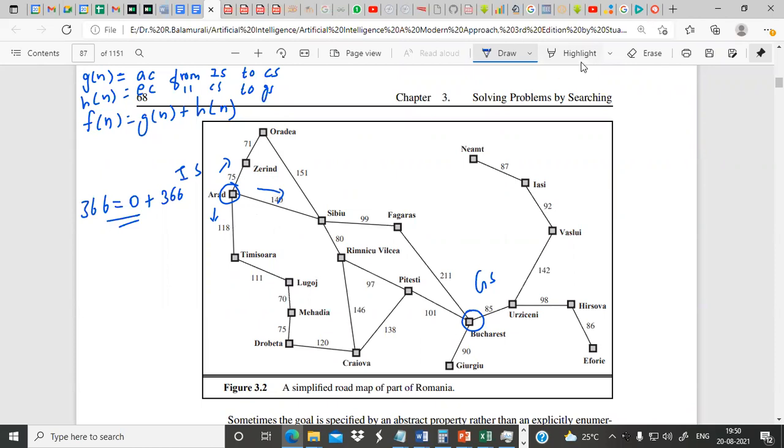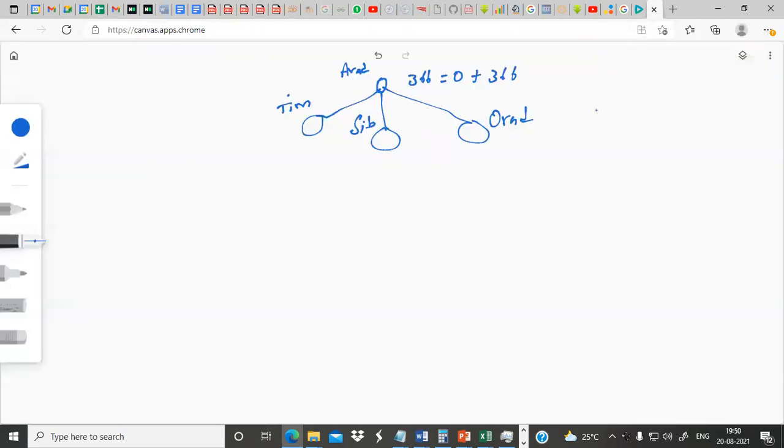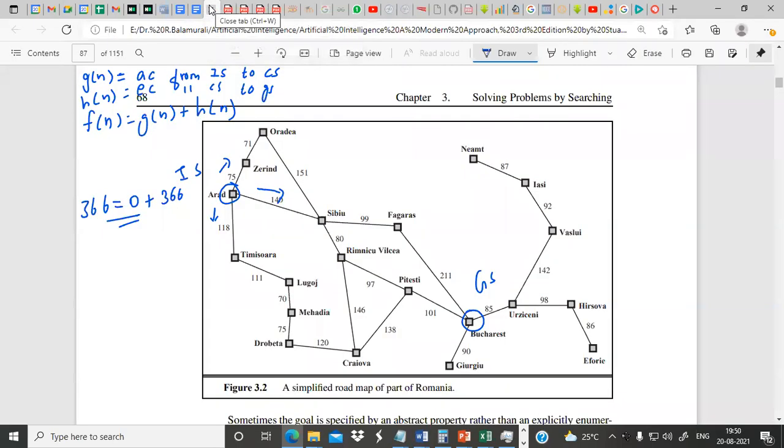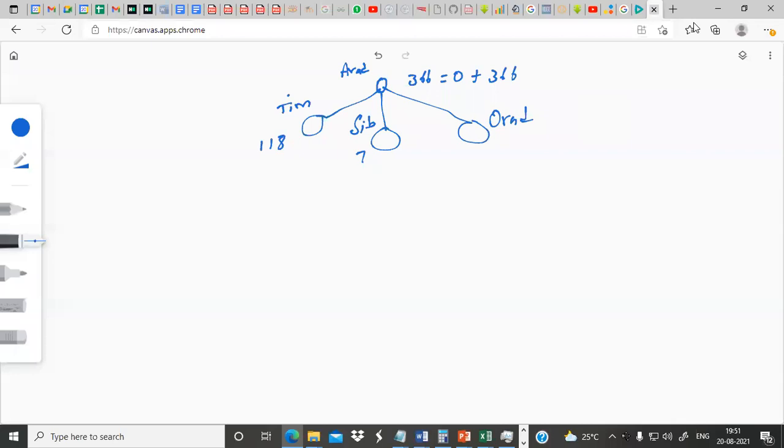So 118, 140, and 75. So it can reach Timisoara at the cost of 118, it can reach Sibiu at the cost of 140, and it can reach Zerind at the cost of 75.